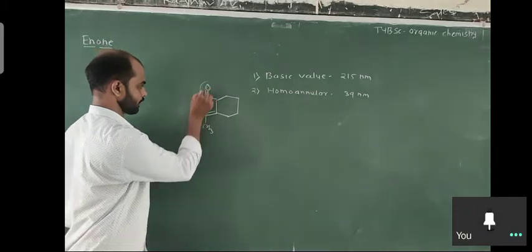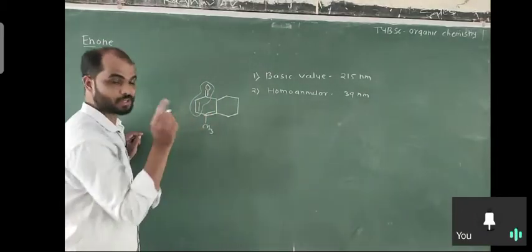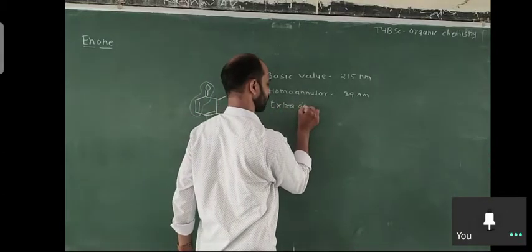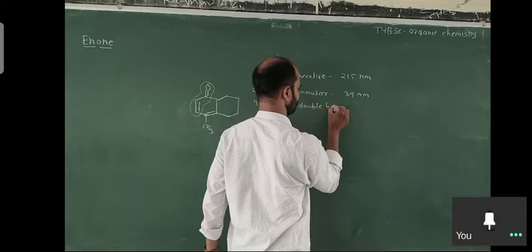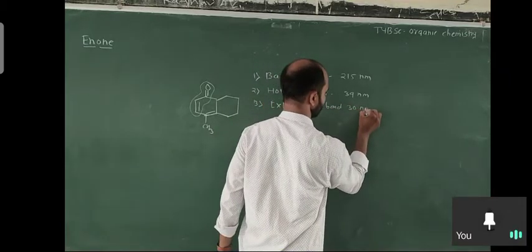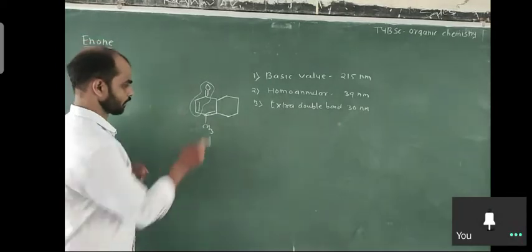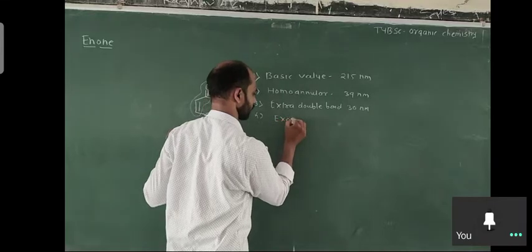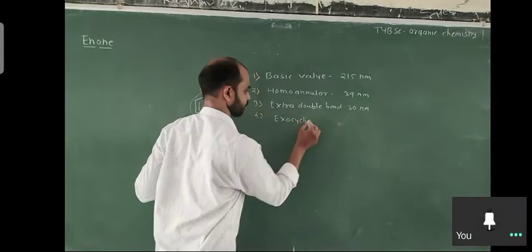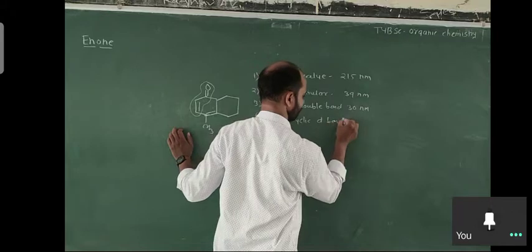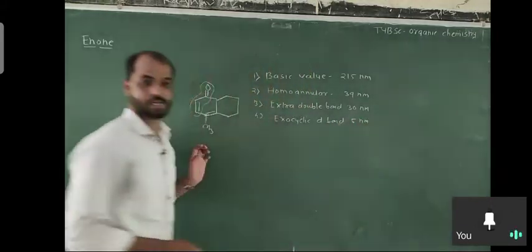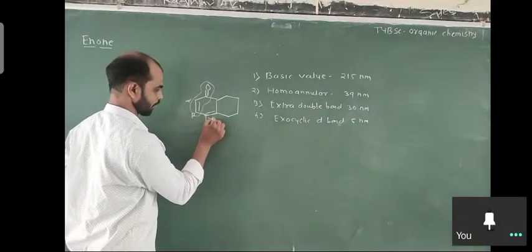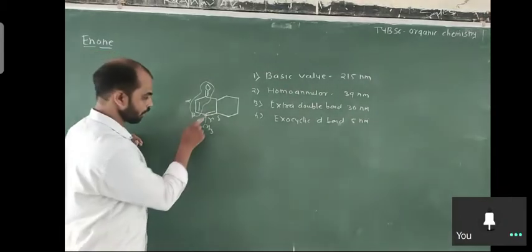Then this is the one, so the bond is extra in conjugation, so here third point is extra double bond, 30 nanometer. Then this bond is exo to this ring, so fourth is exocyclic bond, 5 nanometer. Exocyclic double bond, 5 nanometer.